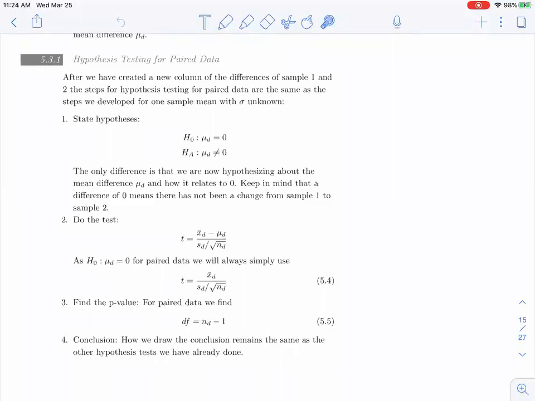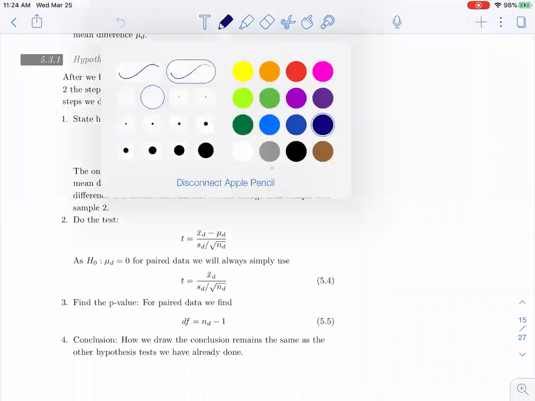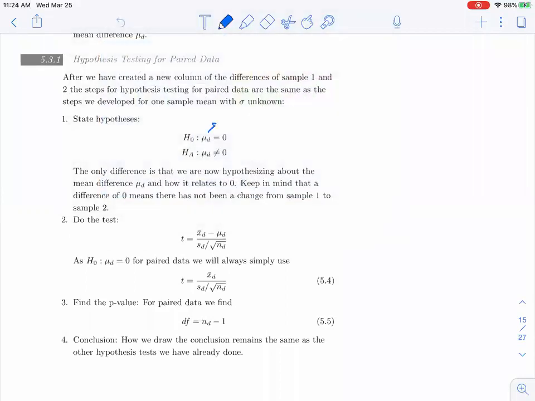So what we're going to do is our null hypothesis is always going to be the mu d. So d is for differences, right? And we always compare it to 0, right?